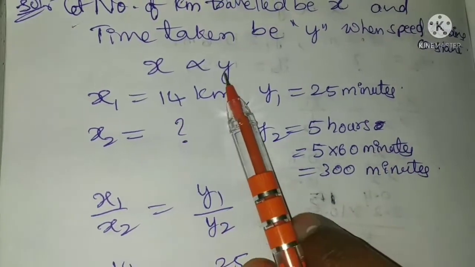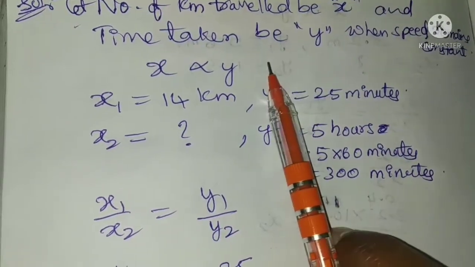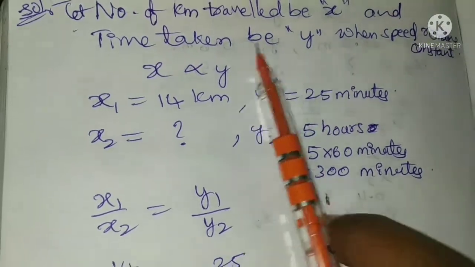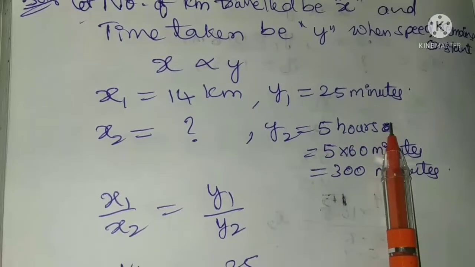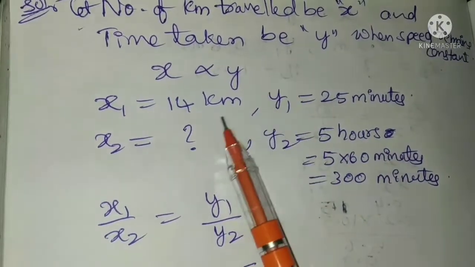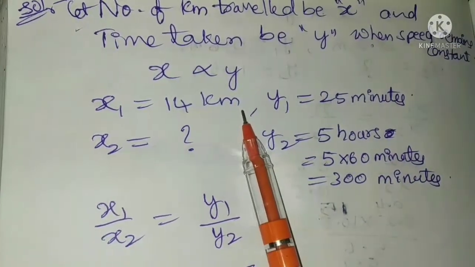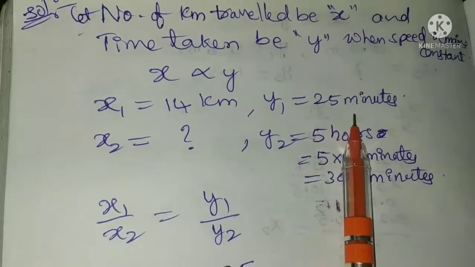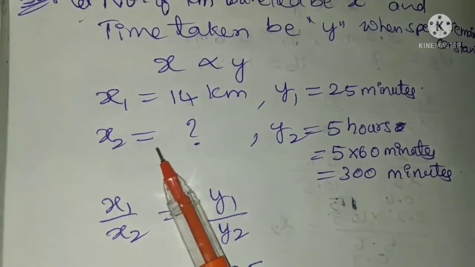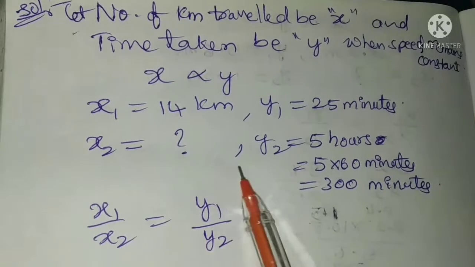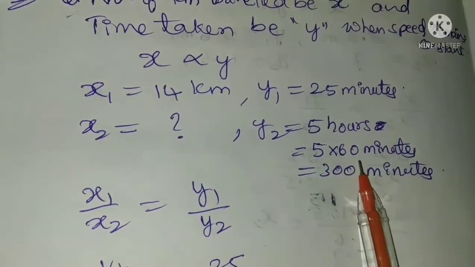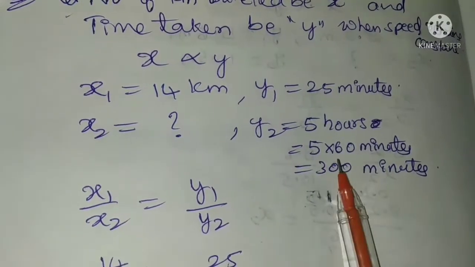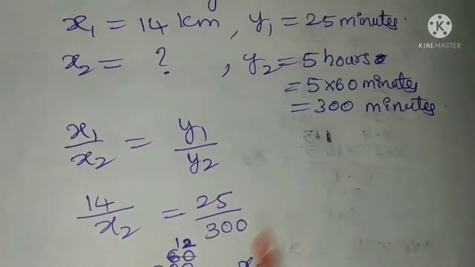If time increases, the number of kilometers traveled increases. x1 is 14 kilometers, y1 is 25 minutes. That is given, because the speed is given as 14 kilometers in 25 minutes. And now x2 we have to find, the distance covered in 5 hours. Now hours we have to convert into minutes, into 60. 1 hour is 60 minutes. 5 hours means 5 into 60, that is 300 minutes.